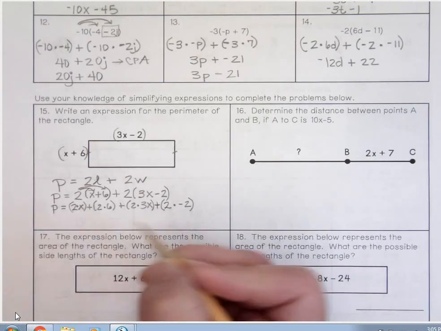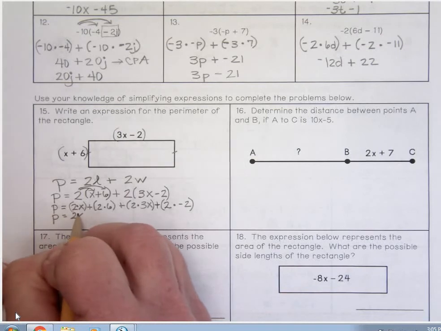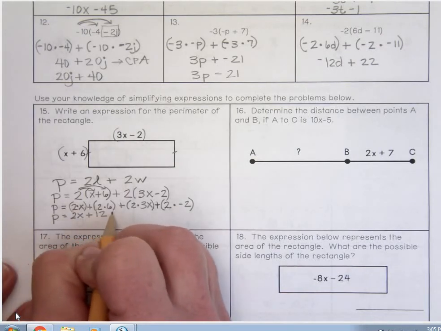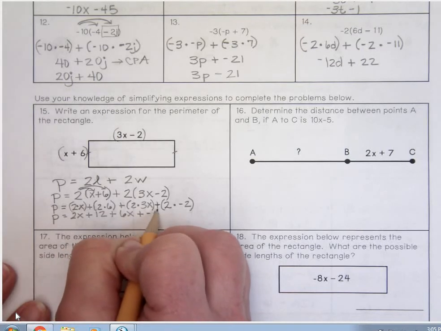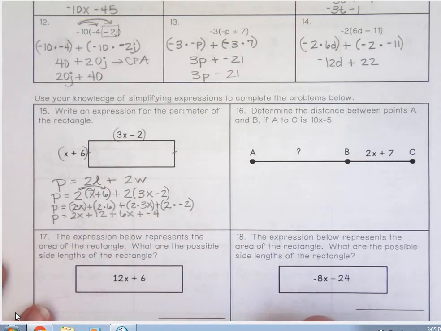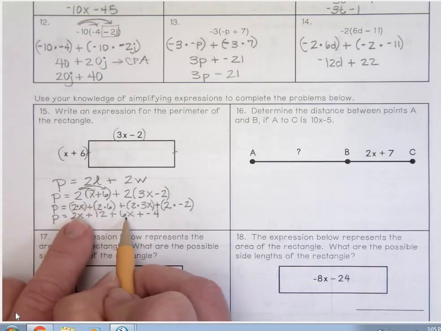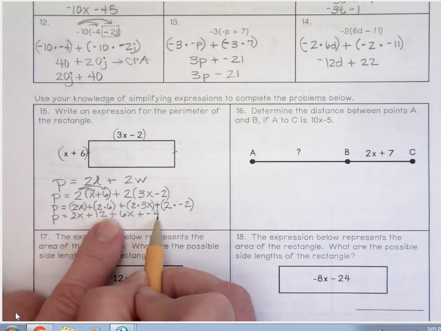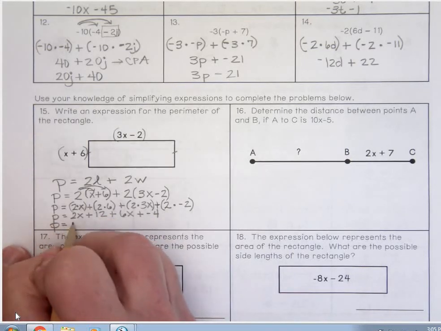And now we're going to multiply what we can. And now I have 4 terms: 1, 2, 3, 4. Two like constants. So we want to use that commutative property.